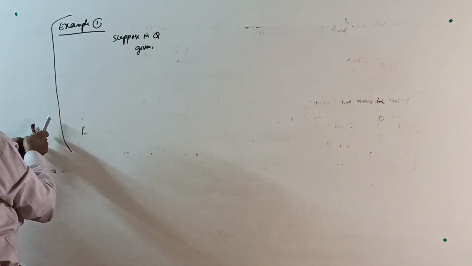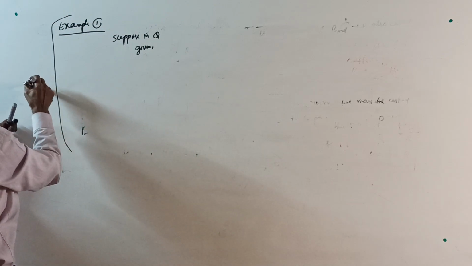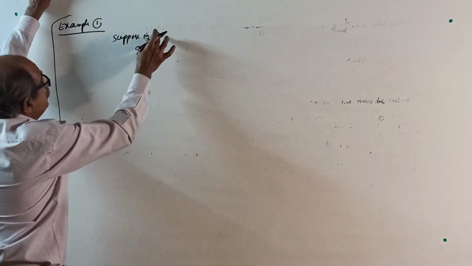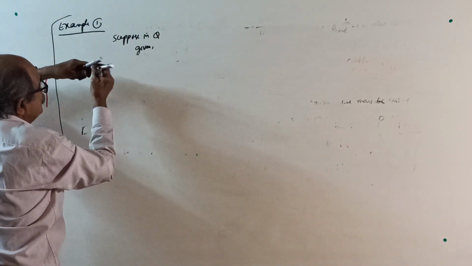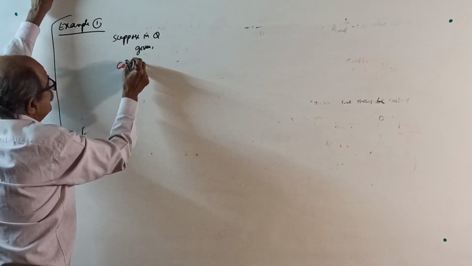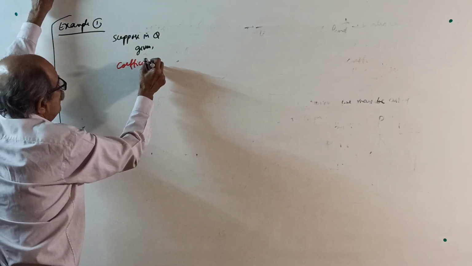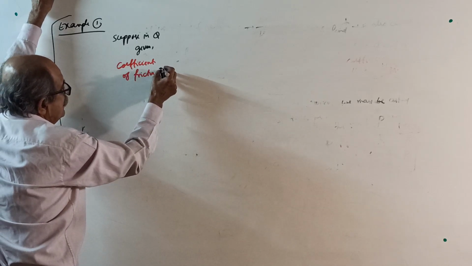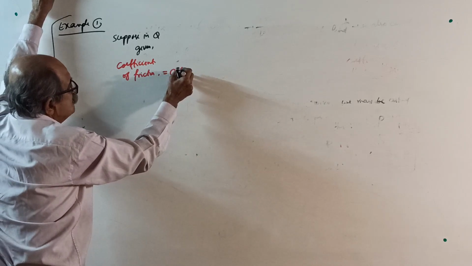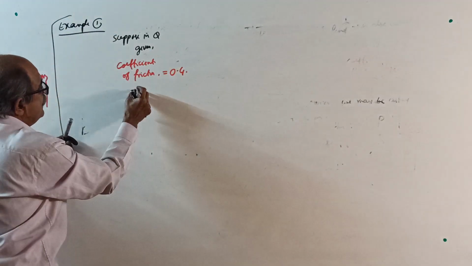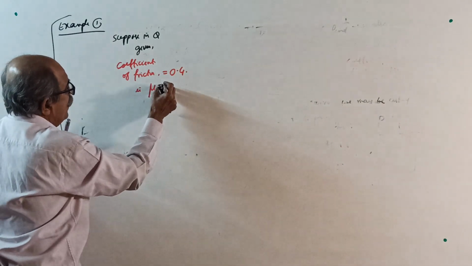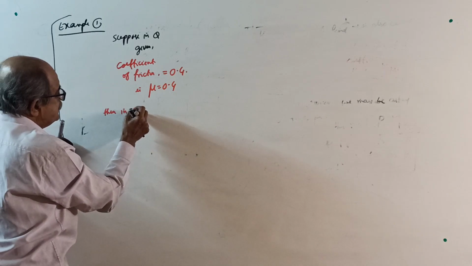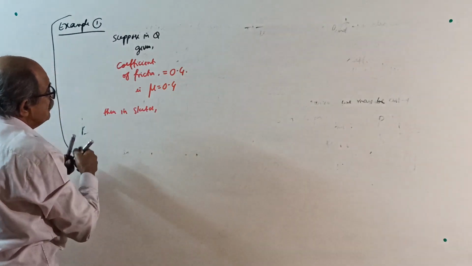Otherwise, you will pay a penalty. Suppose in the question the coefficient of friction is 0.4. That is, they are telling you mu equal to 0.4.